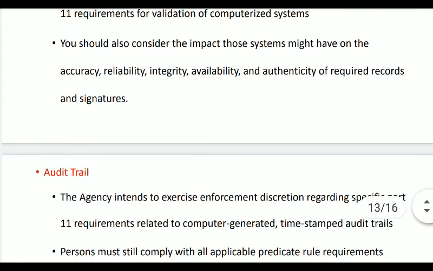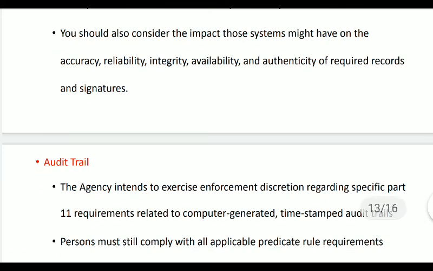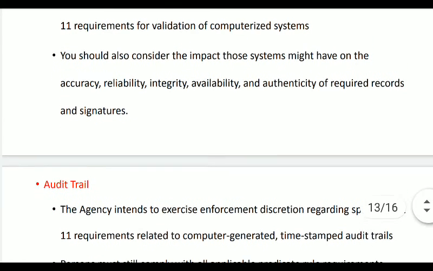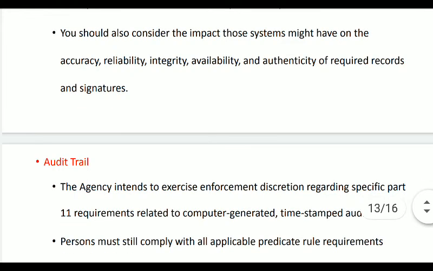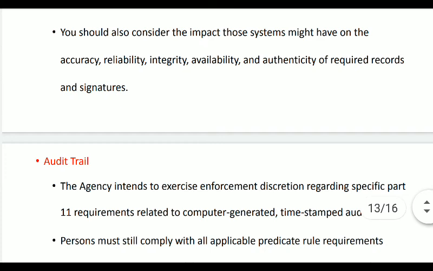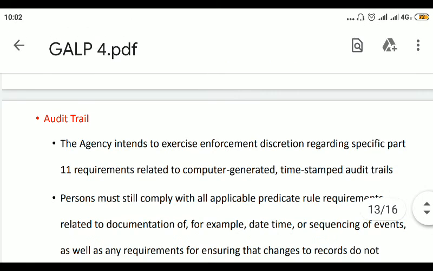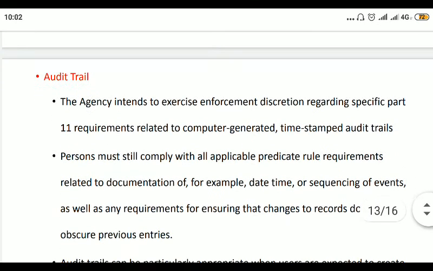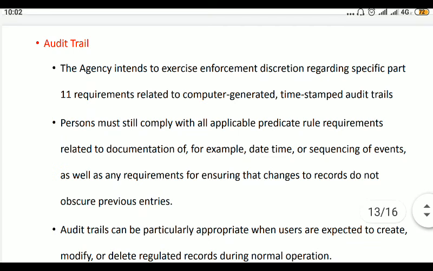So even if the agency is not asking you to carry out validation, but suppose you are carrying out validation of your computerized system, it would ensure the accuracy, reliability, integrity, availability and authenticity of records. That means validation is a very important operation.